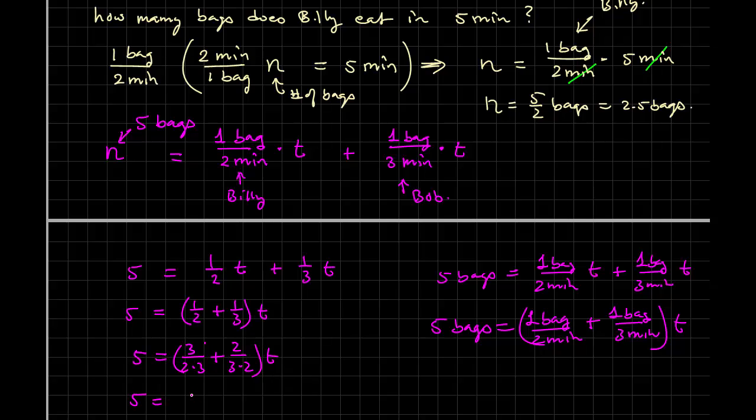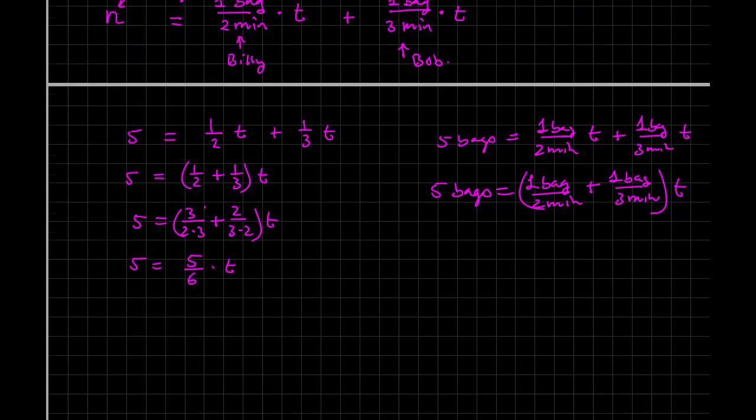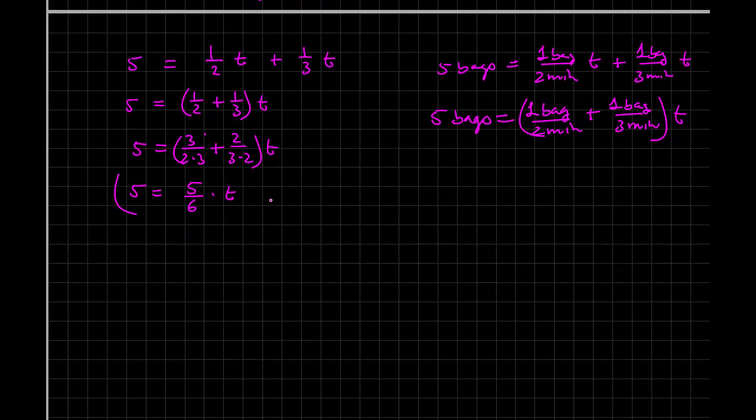And what do we have? We have 5/6 times t. So we multiply through by 6/5, right, to get t by itself. So we get 6/5 times 5 is equal to, and then the 5/6 and 6/5 here will cancel, so we'll end up with t. So our answer is t is equal to 6. Now it's 6 minutes, right?